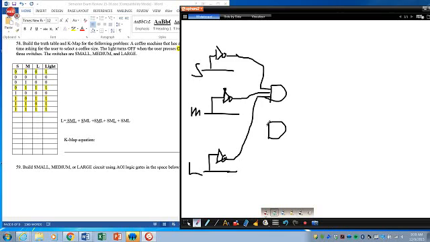That's one. And M and L, they're all positive. Third one, S, not M, L. Okay, you get the idea.